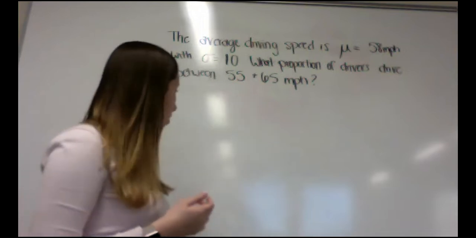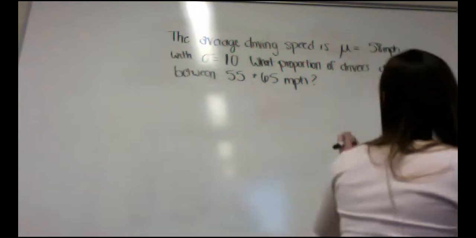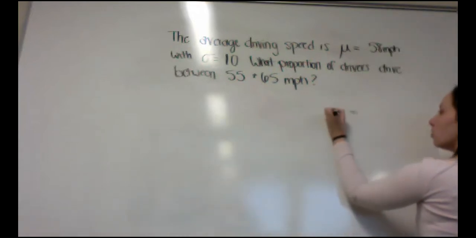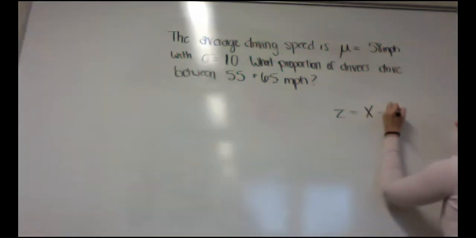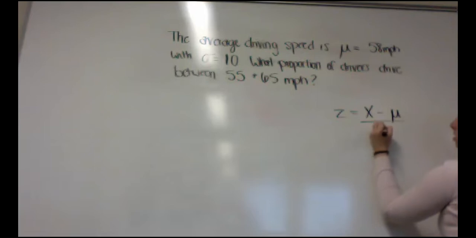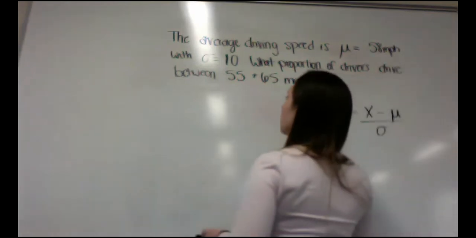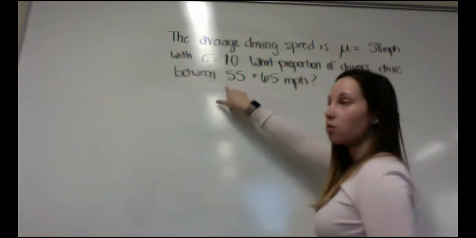So the first thing that we are going to do is work from our z-score formula, which I'll write up here for reference. So we are adding on to our last lesson where we use this formula here, z equals raw score minus mean over standard deviation, and we're just adding a little bit more to our steps here. So the first thing we're going to do is convert this raw score of 55 into a z-score.